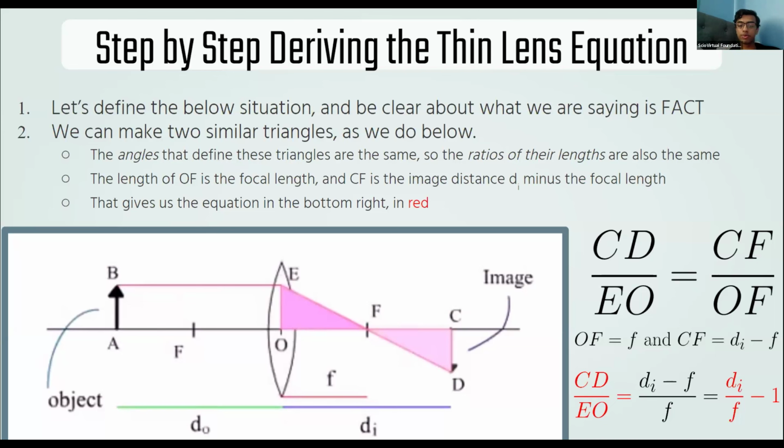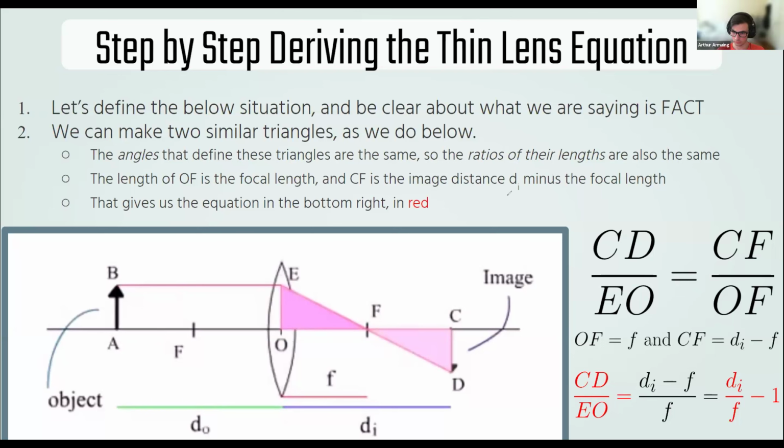I'm going to use red for it in the future as well, and this is the first thing that we're defining to begin with. What's complicated, Ethan? What can we explain here? The minus 1 comes from when we divide out this fraction. Di minus f over f is just di minus f over f, and f over f is 1. It's just dividing out the f from the right side of the fraction.